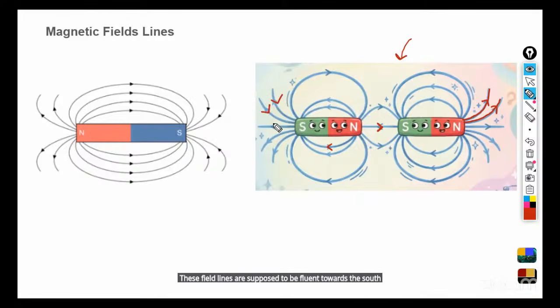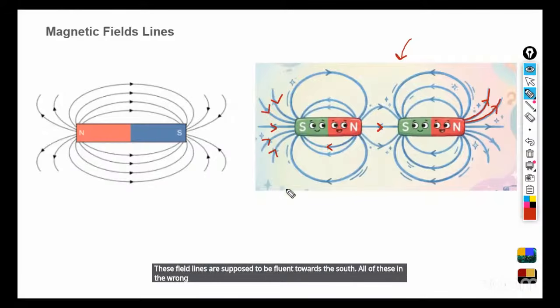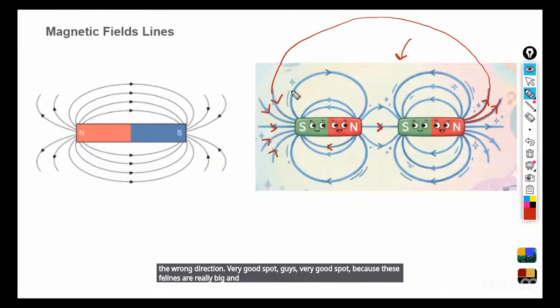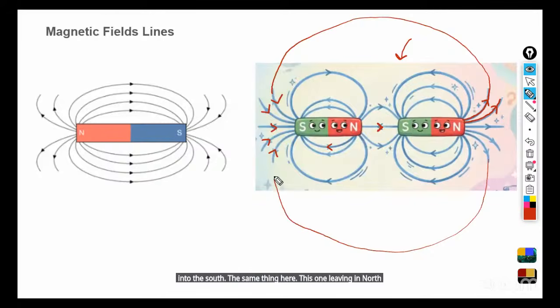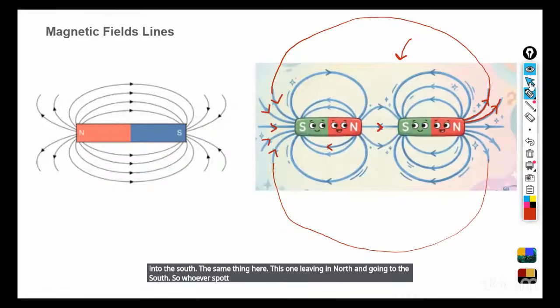All of these are in the wrong direction. Very good spot, guys. These field lines are really big and coming around. They are flowing from north into the south. The same thing here. This one is leaving the north and going to the south. So whoever spotted that, well done.